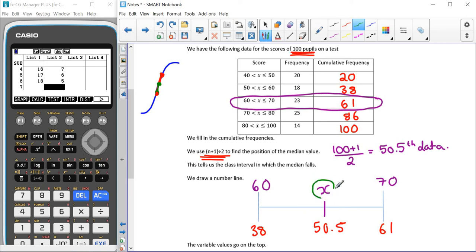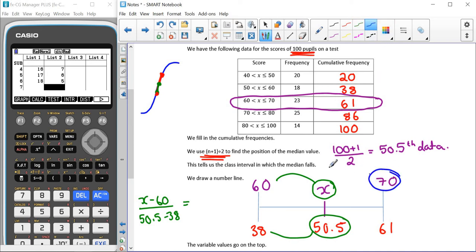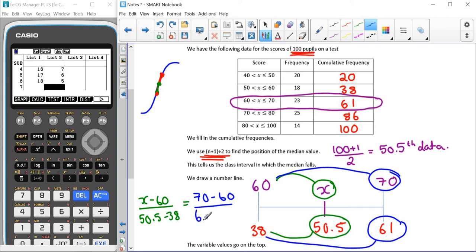I'm going to do it for x minus 60, divided by, and then in the bottom we're going to put the things that are in the same place, so 50.5 minus 38, equals 70 minus 60, divided by what's on the bottom of those two, 61 minus 38.